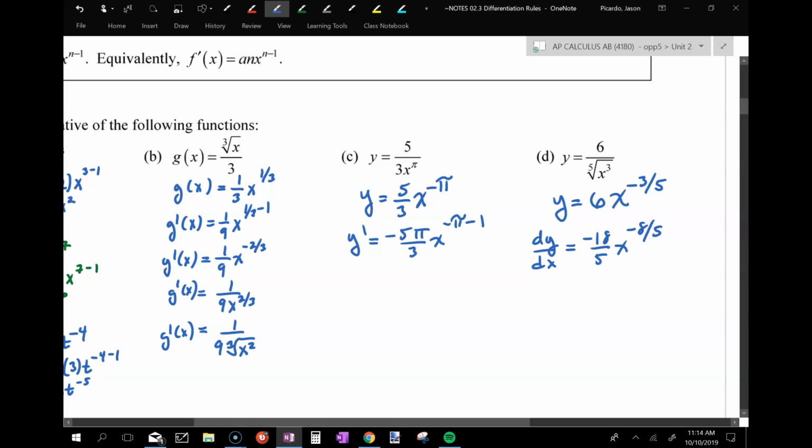And again, probably not going to see your answer left like that, right? Going to see it left like this. Right? They're not going to leave this negative exponent, right? They're going to rewrite it like that. They're going to put it back like that. Is that okay?